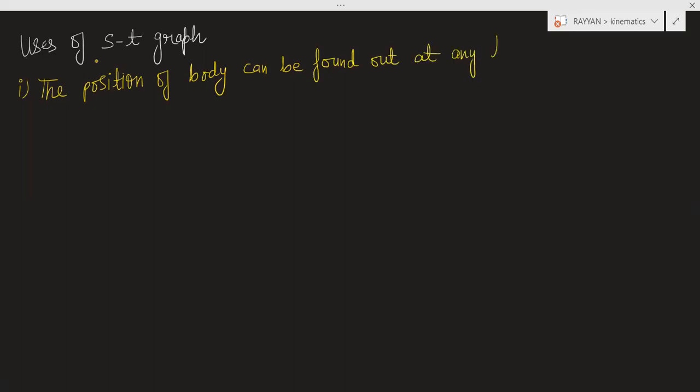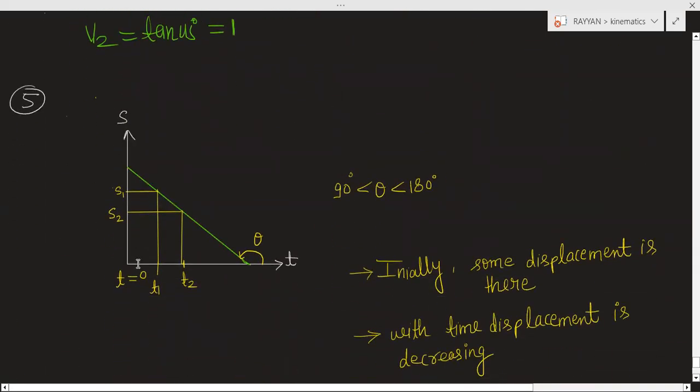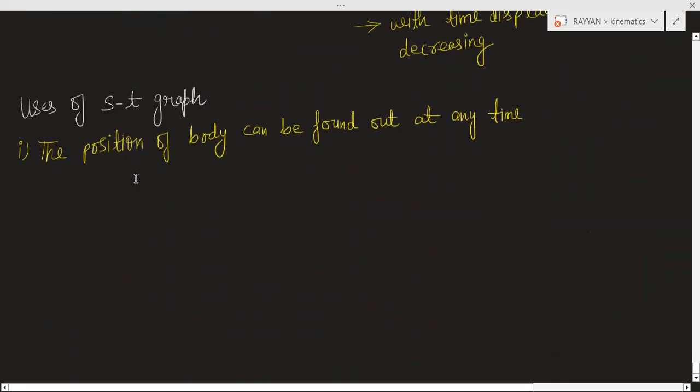You can see, at any time with the help of the graph you can find what is the position with respect to the time. There is a particular position, particular displacement.